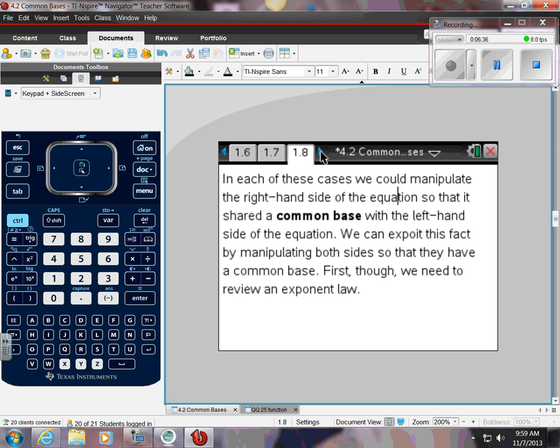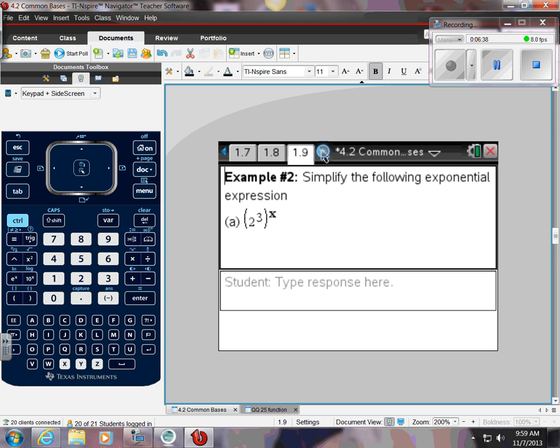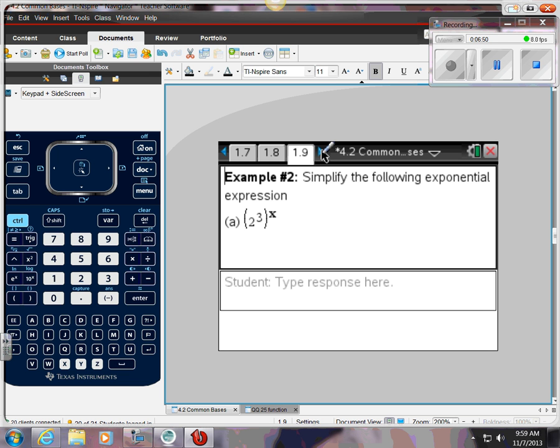We're going to do some simplifying of some exponents. So we have 2 ways to solve this problem. We could either, what's 2 raised to the third? 8. And then we have x, so 8 to the x. Does everyone see that? 2 cubed is 8.